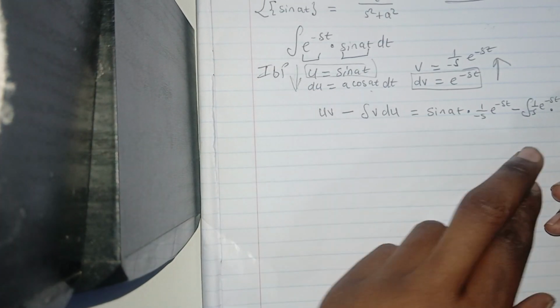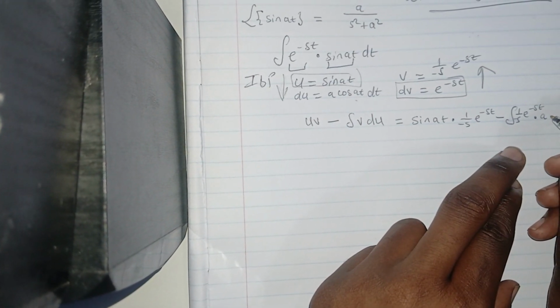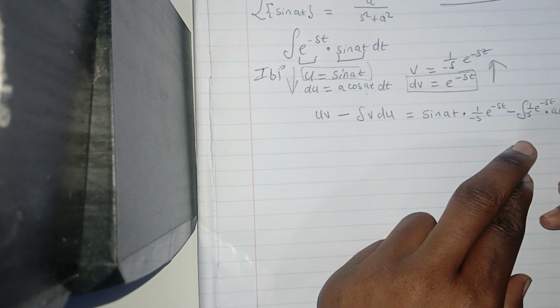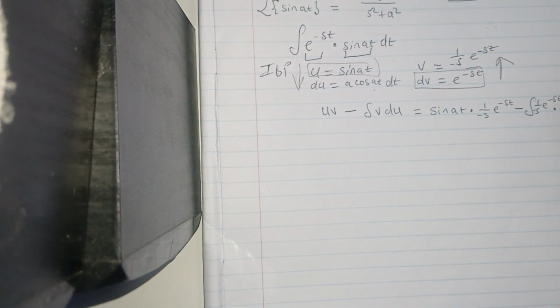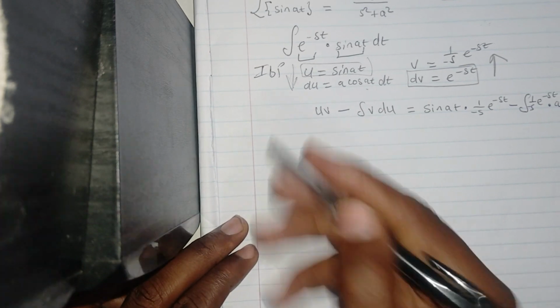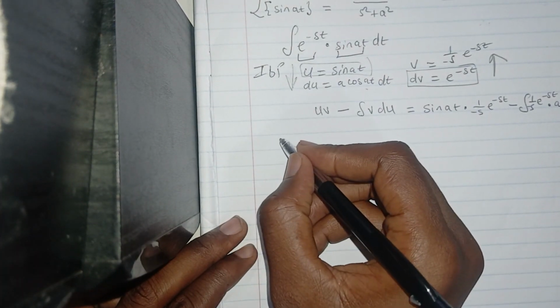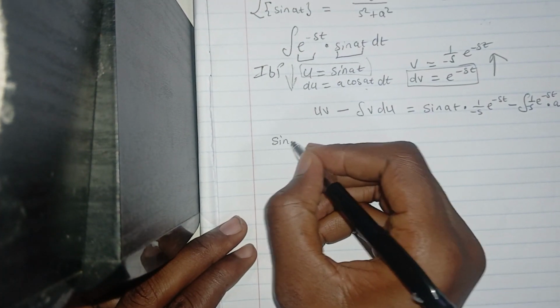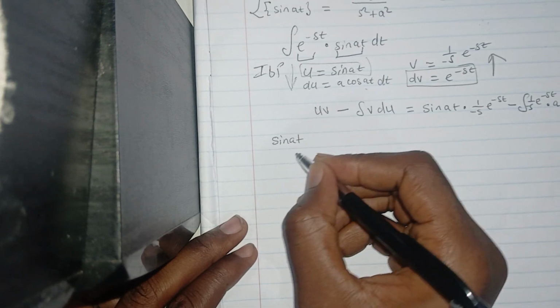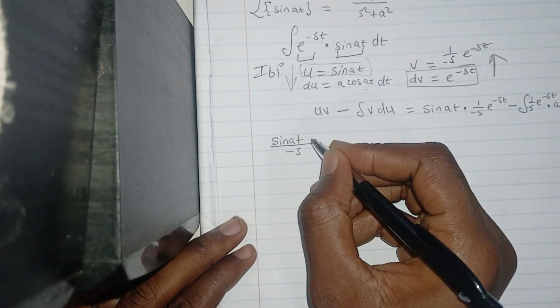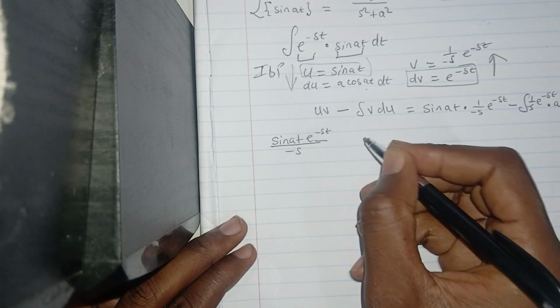What is our du? Our du is a cos at dt. So that's our du. Now let me quickly copy it on this side. It's sin at divided by negative s, multiplied by e^(-st). So that's how it is.